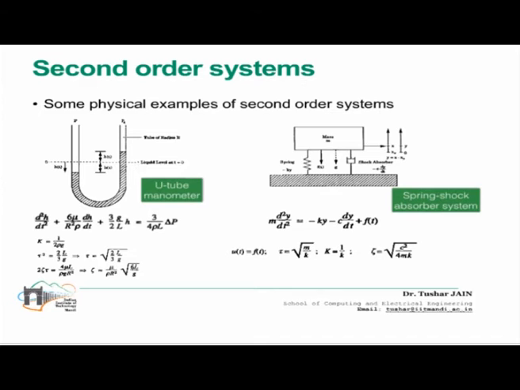In this spring shock absorber system, z is given by the square root of c squared over 4mk. Since c, m, and k are all parameters of your system, if you design them so that z is equal to 1, then for sure your system would behave in a critically damped fashion.